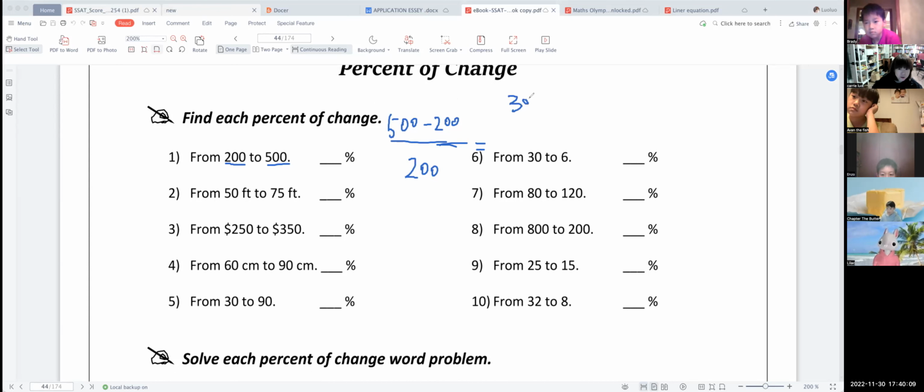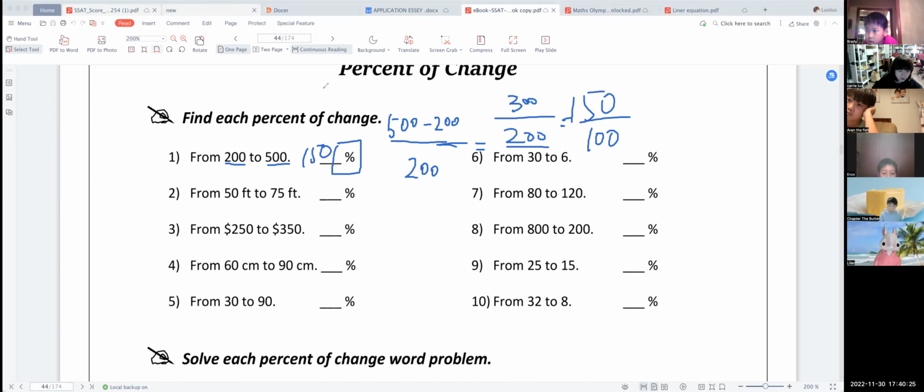So it's 300 over 200. And when we want the percentage, we know the denominator is 100, right? So 200 divided by 2 equals 100. So 300 divided by 2 equals 150. So it's 150%.